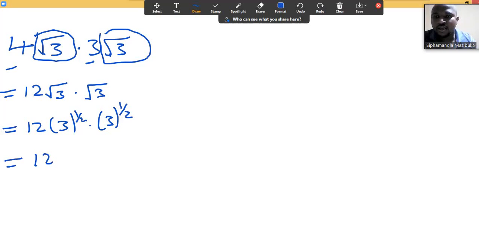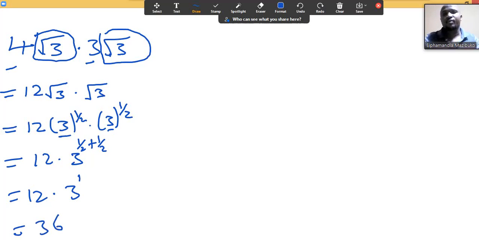When the bases are the same, you add the exponents. So we have 3 to the power half plus half, and this gives us 12 times 3 to the power 1. That's why you can easily say this is 36. Okay, so that is how we do it.